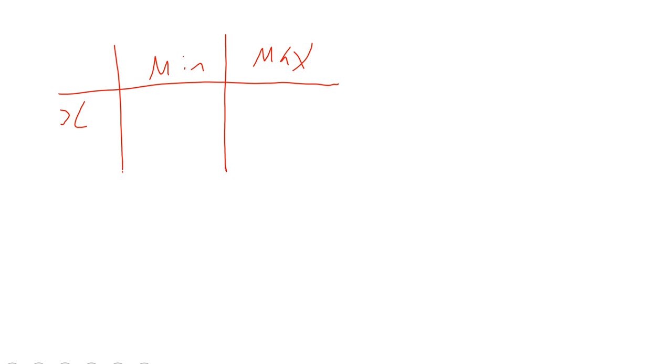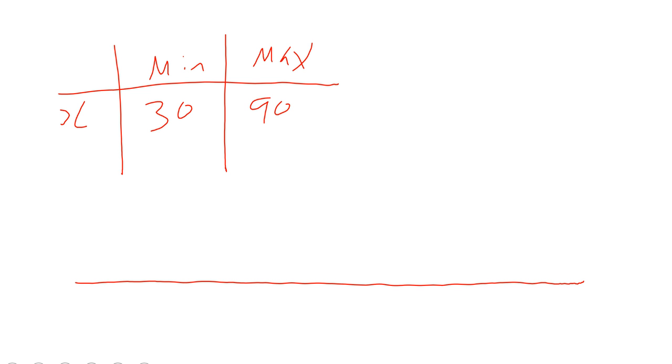So let's say we have one variable x, with minimum and maximum, let's say from 30 to 90. So for variable x, take 7 values.